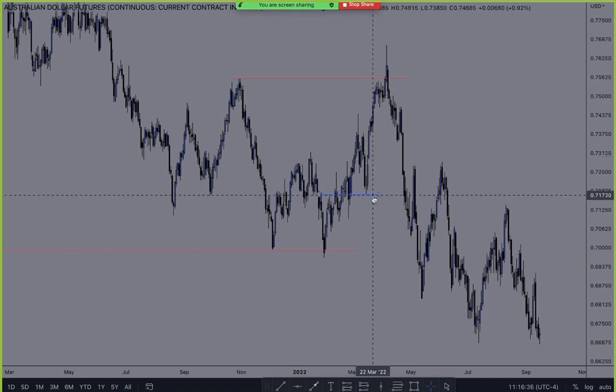But we're using the seasonal tendencies. What seasonal tendencies are, they're generic price moves that generally occur. Now, they don't have to occur every single time on every single market every year for the rest of your life. That's not realistic.